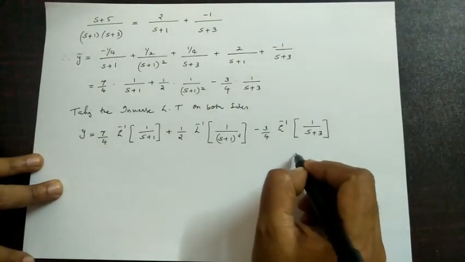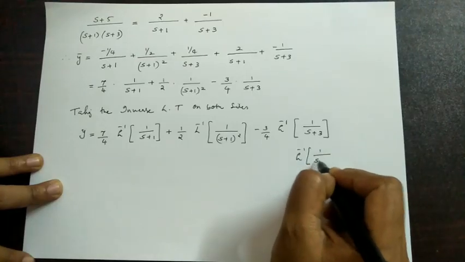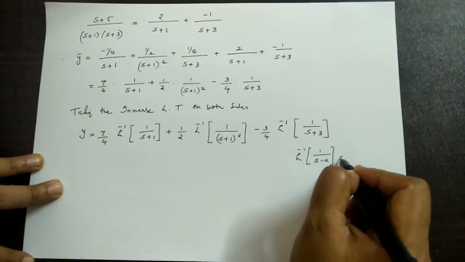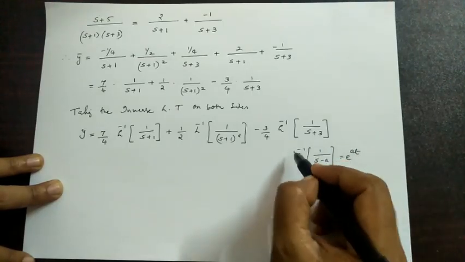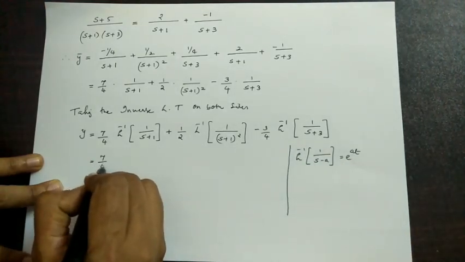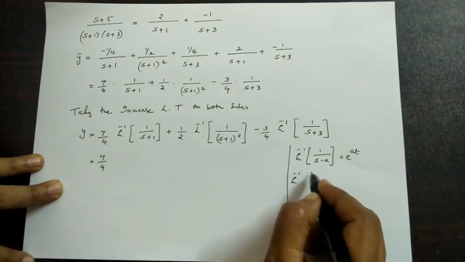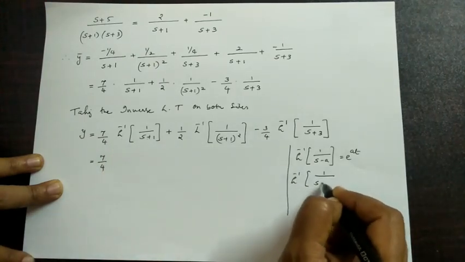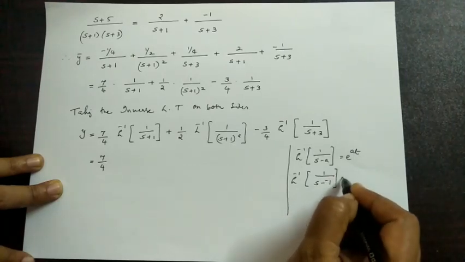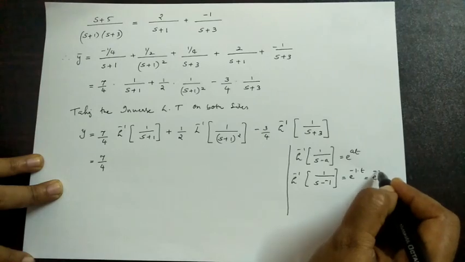Laplace inverse of 1/(s-a) is e raised to at. Using that formula, we have 7/4, the Laplace inverse of 1/(s-(-1)) is equal to e raised to minus 1 into t, or e raised to minus t.